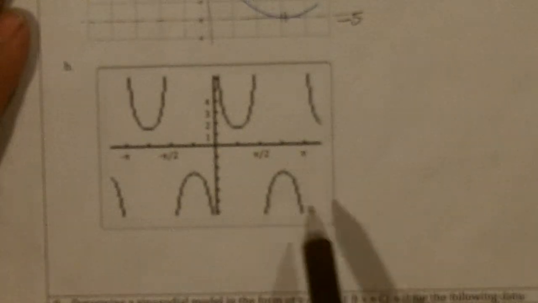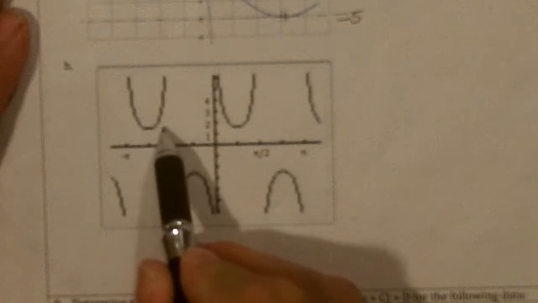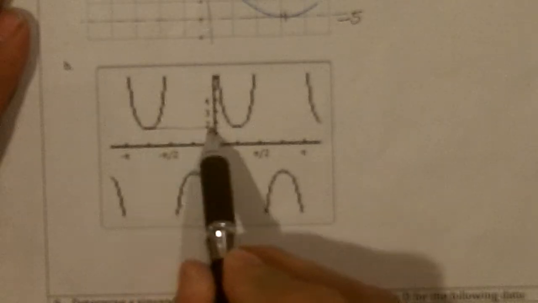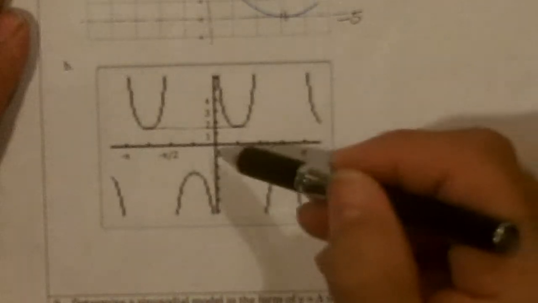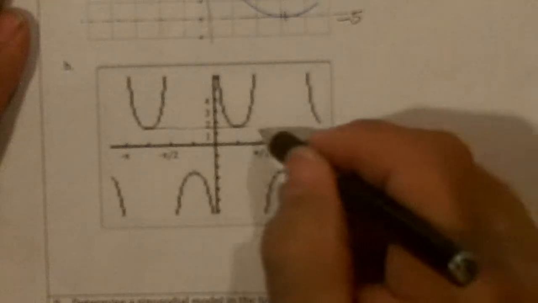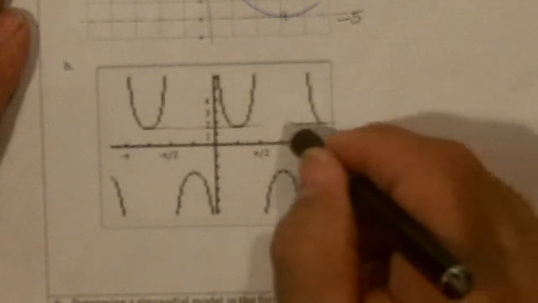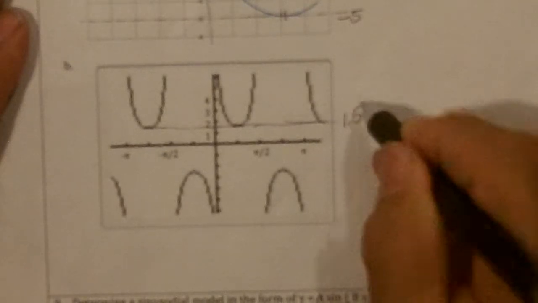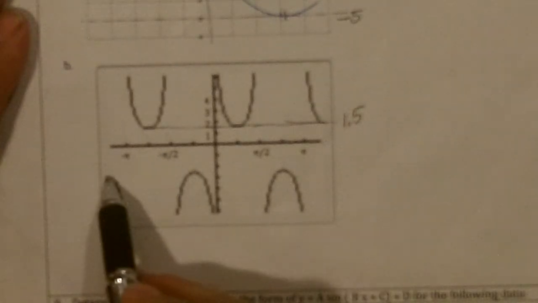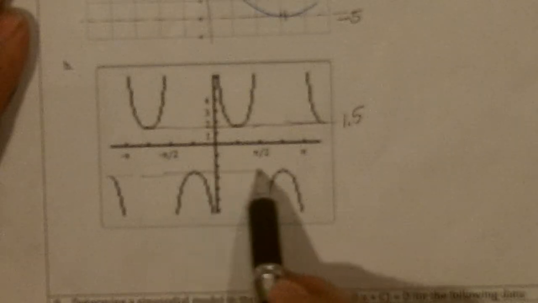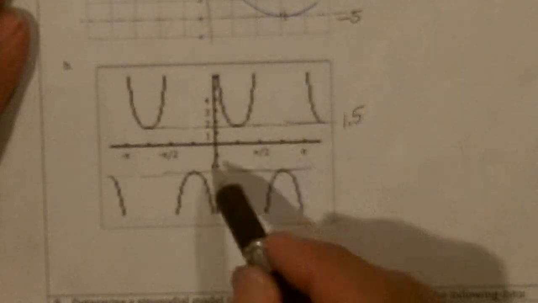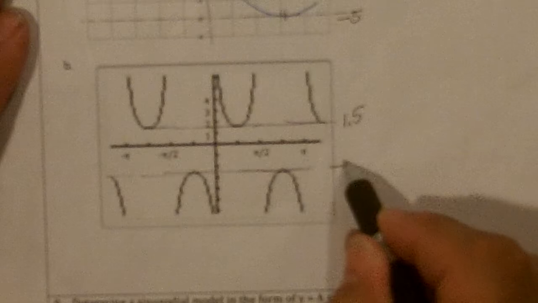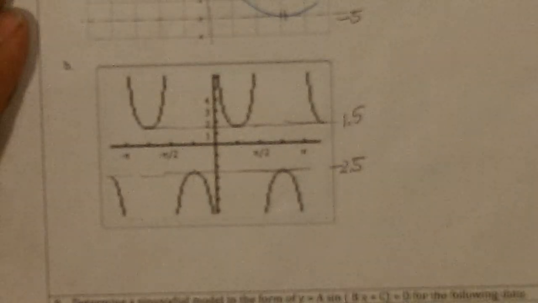Some of you weren't very careful at looking at how high this line is. If you make a line connecting the bottoms of these, it's at 1.5. So that's the top of the curve in between, 1.5. And if you carefully draw a line across the tops of these, it's at -2.5.